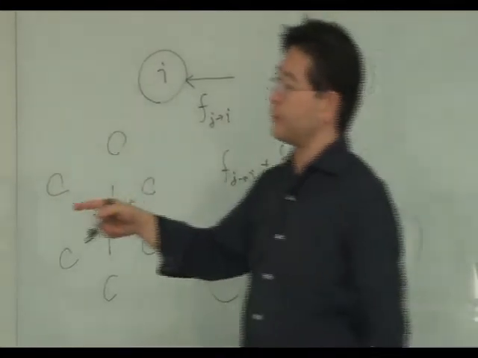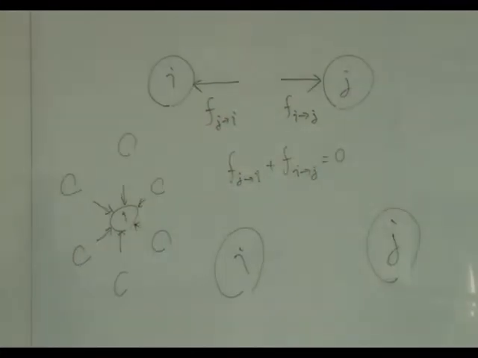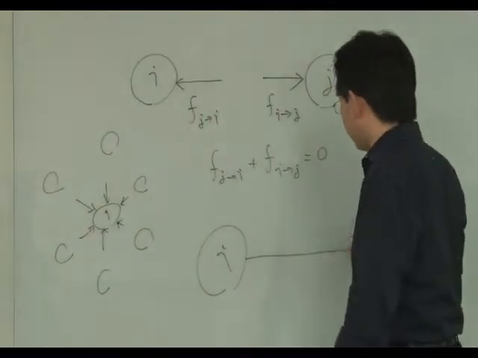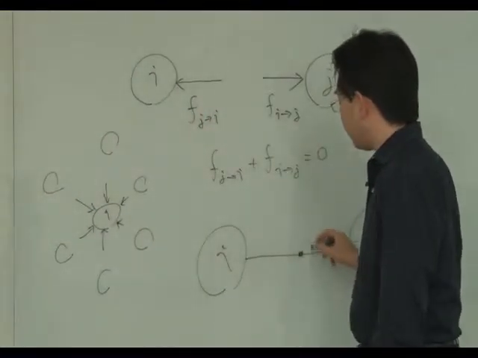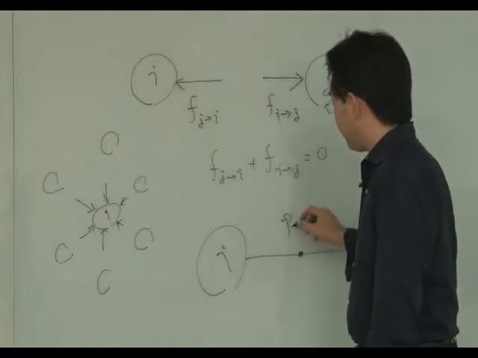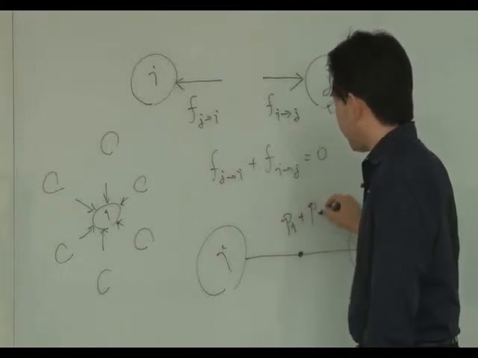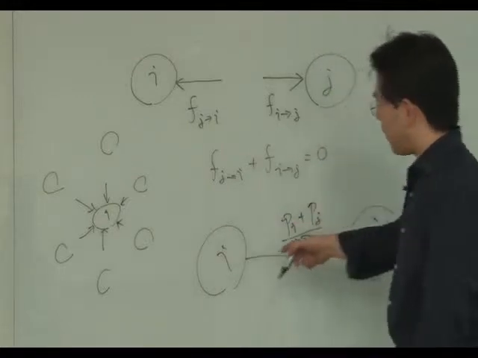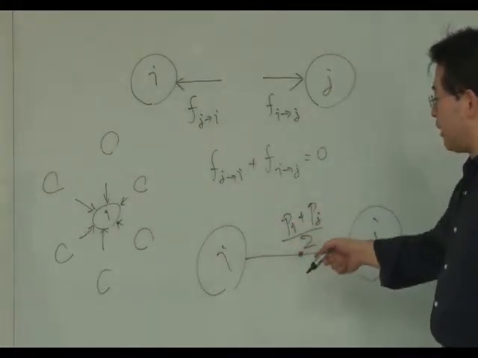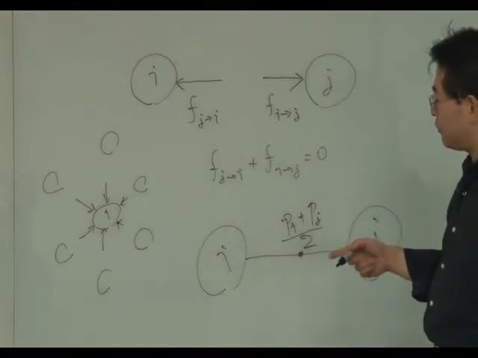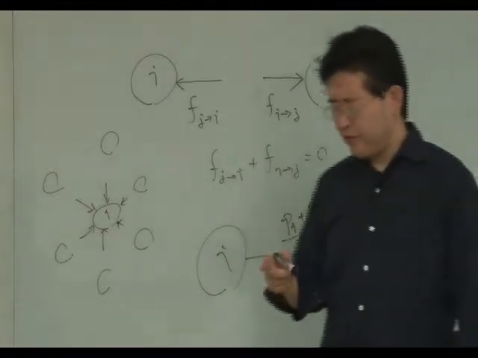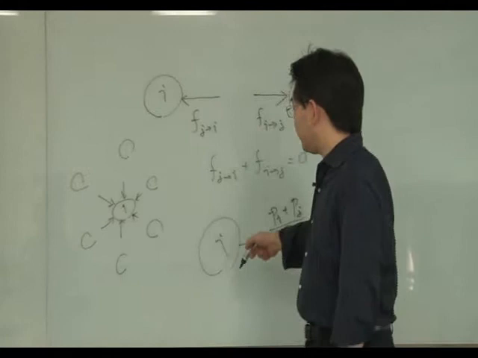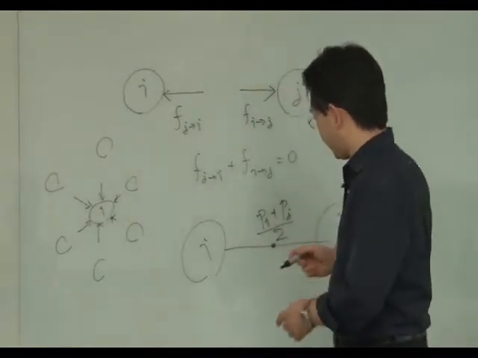Since it has Pj plus Pi, it is equivalent to considering the midpoint pressure. It is Pi plus Pj divided by 2, the average of pressure between two particles.